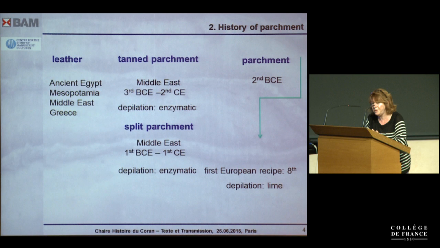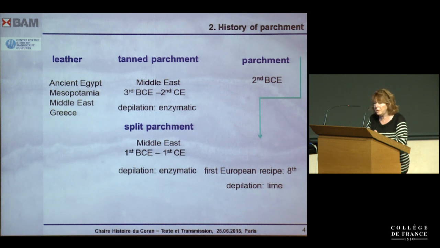The history of parchment is even more difficult to reconstruct than the history of inks, because it's more difficult to study non-destructively. Now, again, everybody started with writing on leather. At a certain point, parchment appeared somewhere, and I believe it appeared at the same time in the east, around Babylonia, or in the west, in Greece.